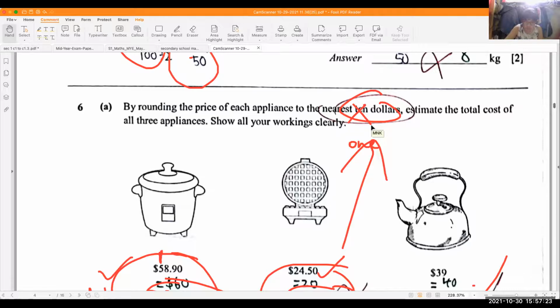You need to tell me when are you going to stop this? When are you going to correct this? Next time. Next time means when? Because next time still has a next time. First test, next time is second test. Second test, next time is third test. Third test, next time is fourth test.